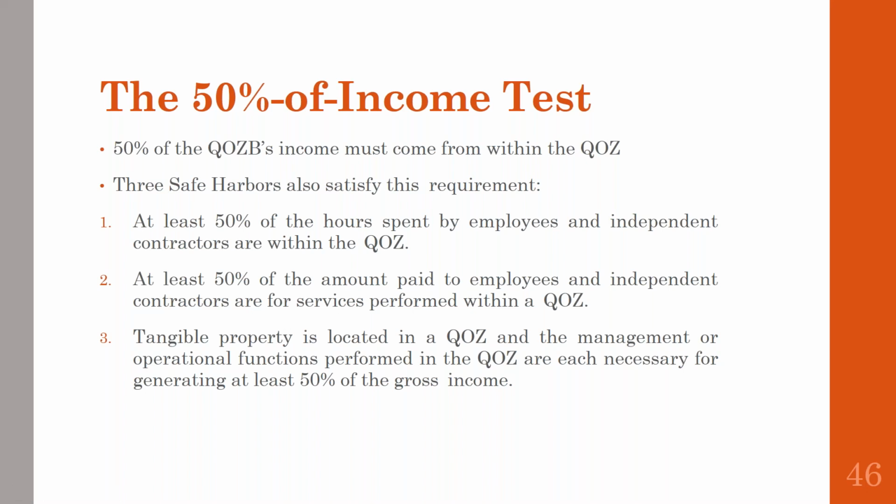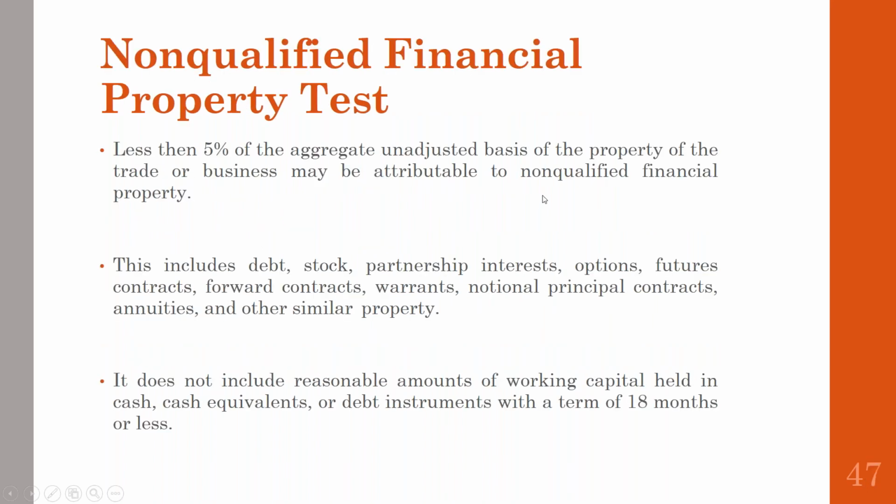At least 50% of the hours of employees and independent contractors are within the QOZ. Or 50% of the amount paid is for services rendered within the QOZ. Or the tangible property is located in the QOZ and management and operational functions are necessary in generating 50% of the income. So that's how you satisfy your income test.